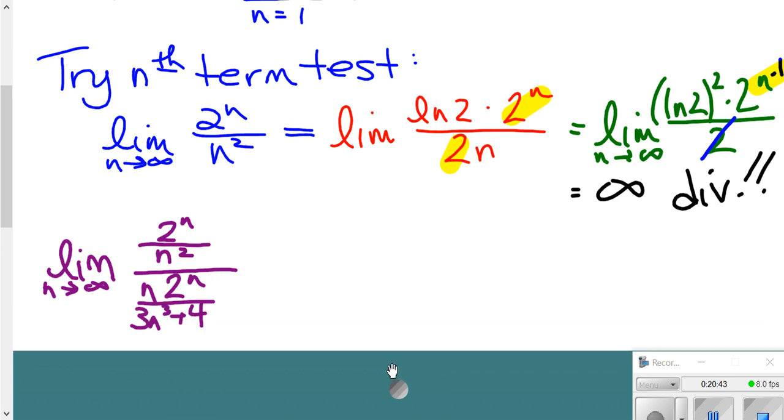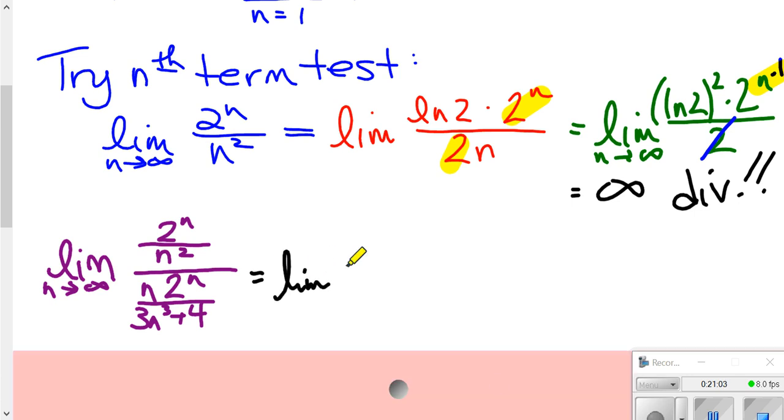So now when I come to the limit comparison test, I'm using this cleaner version, right? The thing I was just looking at that I just figured out was divergent. And I have here the thing that we are actually trying to consider, that we're trying to sort out. And so I'm going to do some algebra moves now and try to get this to boil down to something I recognize, okay?